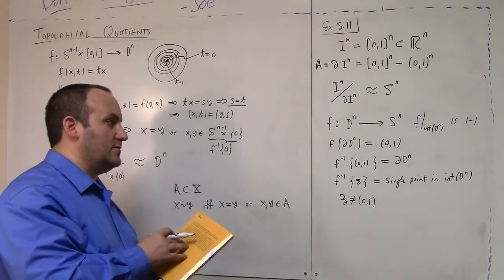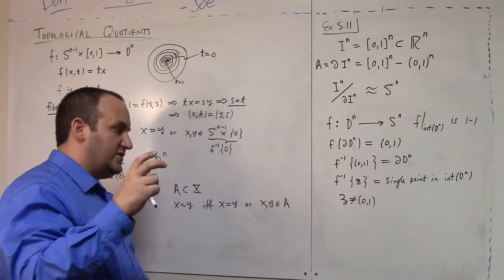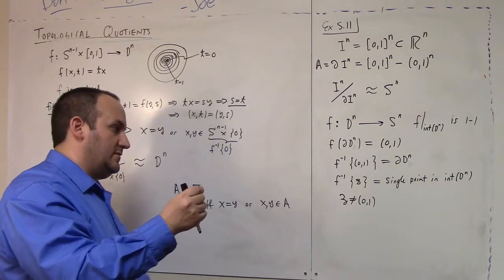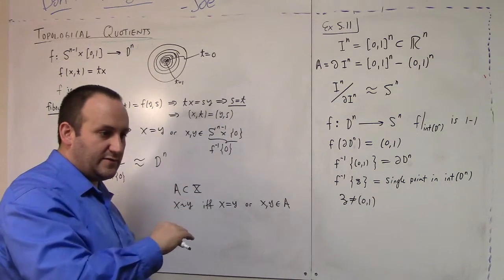So the whole boundary of the n disk is contracted, squished to the point 0, 1, and everything else is just left on its lonesome.